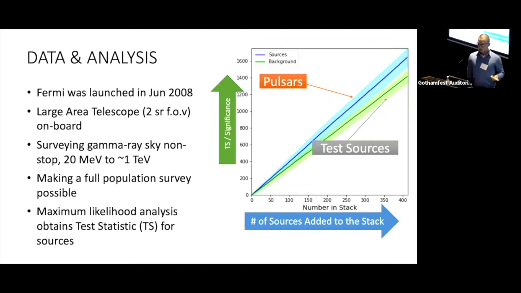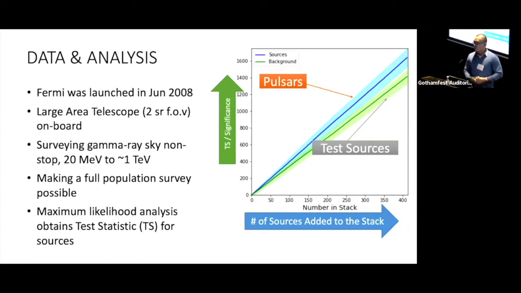So there's a whole lot of data covering the entire sky for over 13 years now, which makes this population survey possible. To analyze Fermi data, we need to use a maximum likelihood analysis, because the Large Area Telescope is similar to a particle detector instead of a conventional telescope.